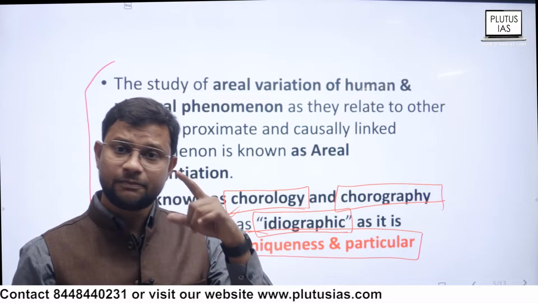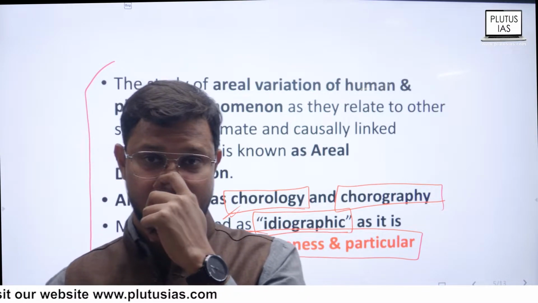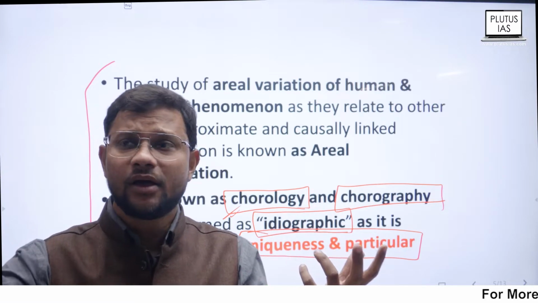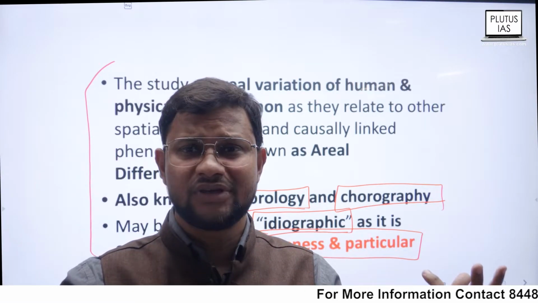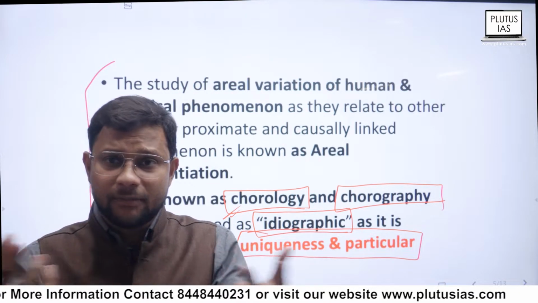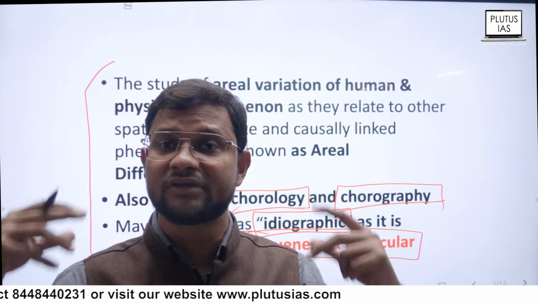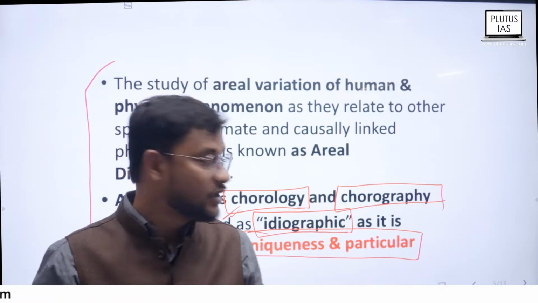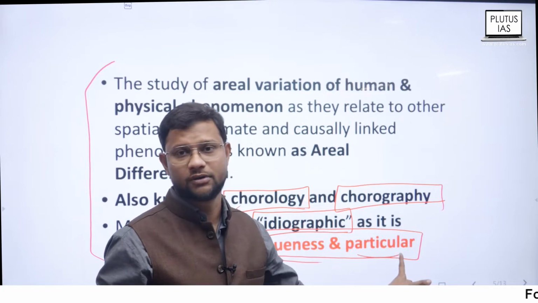Take the Ganga civilization or the Mesopotamian civilization: the two conditions are the same, but civilization developed on different river banks. What is exactly the nature and characteristics of each of these civilizations, unique and particular, right?